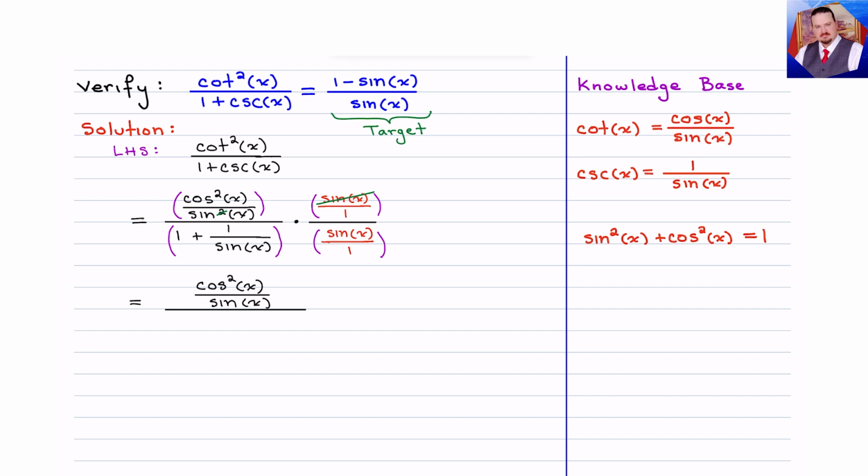Now what happens here? Let's do the left-hand one first. Sine x over 1, which is just sine x, times 1 is just sine x. And sine x times 1 over sine x, those will cancel, just giving me the number 1.